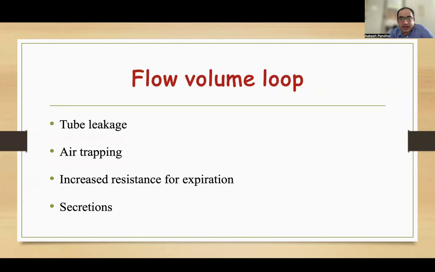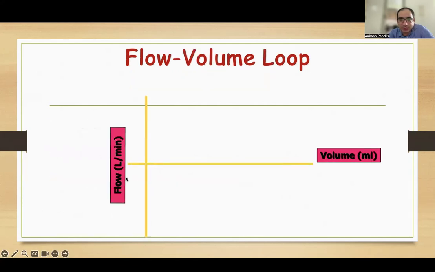Coming to the second graphic, where we plot flow versus volume, it's also called the flow volume loop. It is important to know about tube leakage, air trapping, increased resistance, and secretions.